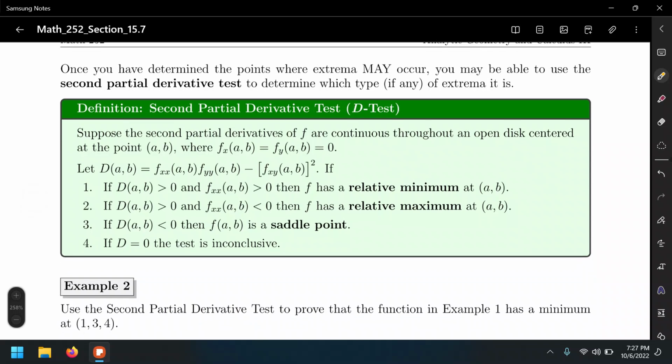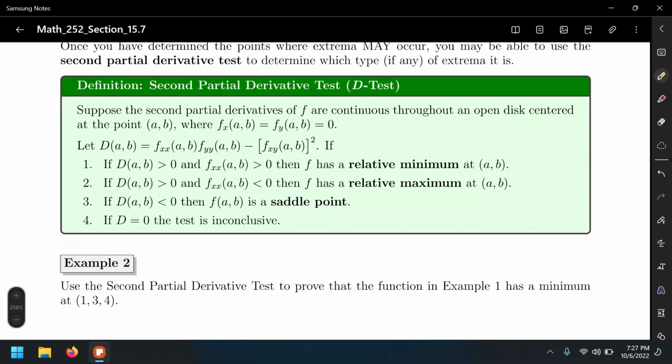We're going to use the second partial derivative test, which is also known as the Big D test. That's because of the quantity that we evaluate, which involves finding a few partial derivatives. The condition is that all the second partial derivatives of the given function are continuous at the given points, centered at those critical values.